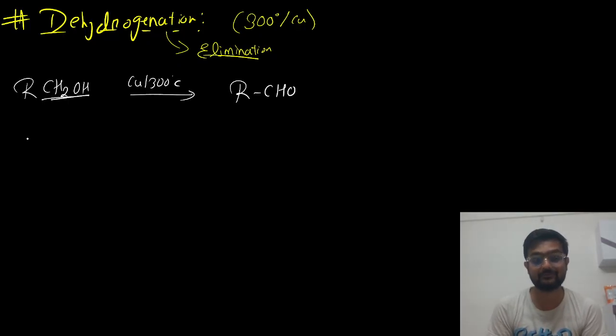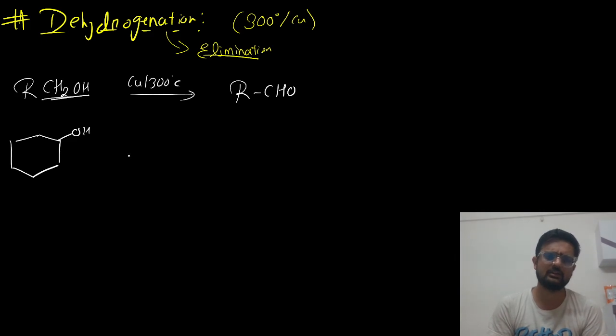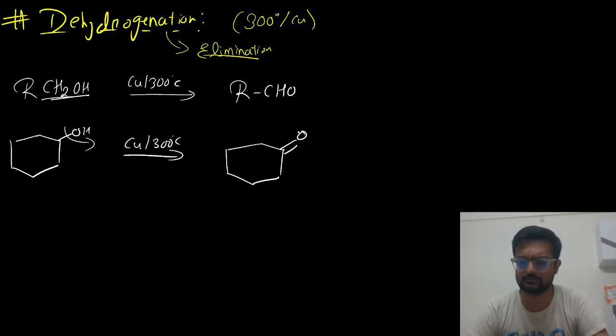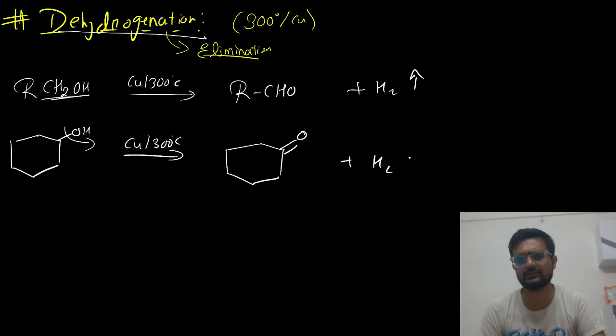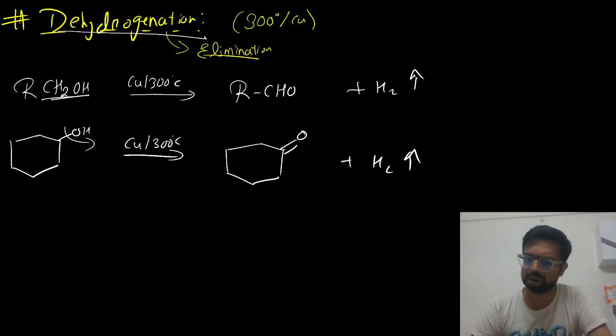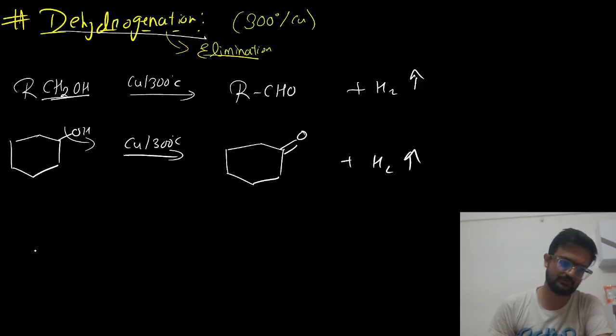Let's say I have a secondary alcohol, suppose attached to a ring, and I have copper heating at 300 degrees Celsius. It will go like this and you will get the ketone. Okay? And dehydrogenation means the byproduct will be hydrogen gas, hydrogen gas will come out. I hope this is clear, right?